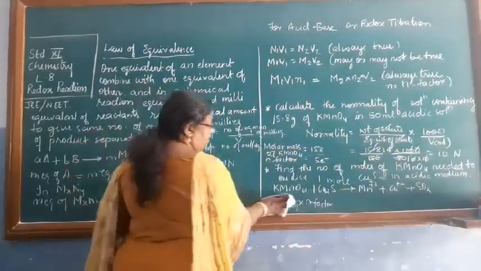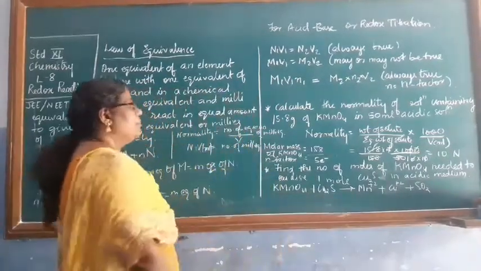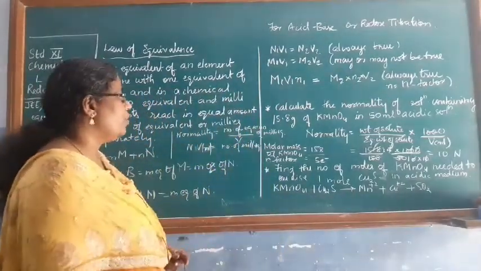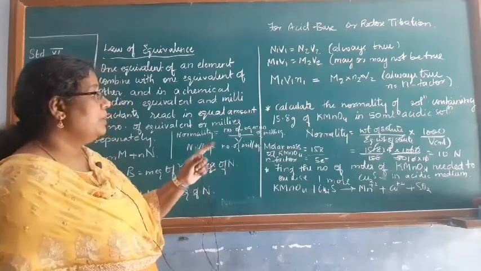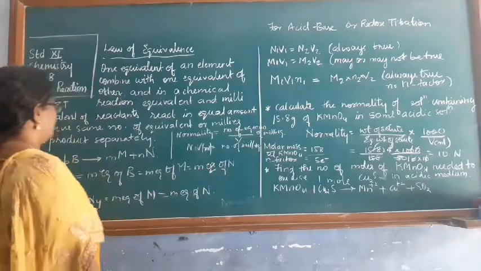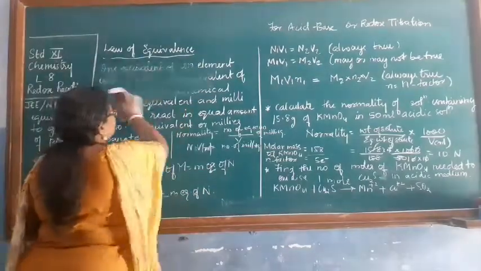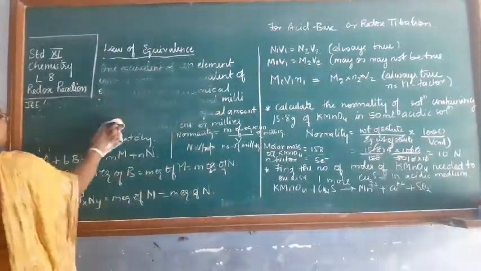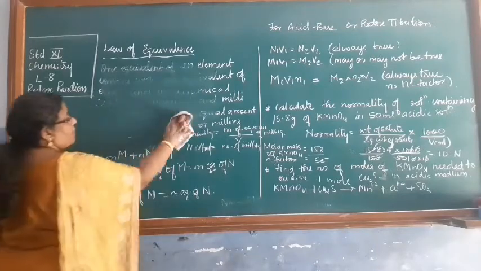Now let me do this question. Find the number of moles of KMnO4 needed to oxidize 1 mole of Cu2S in acidic medium. The given equation is here. You can copy, pause the video and copy it down.